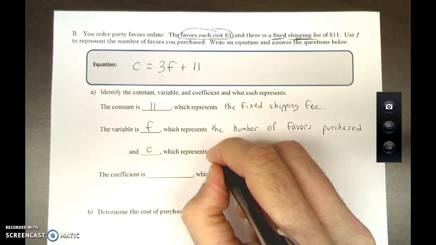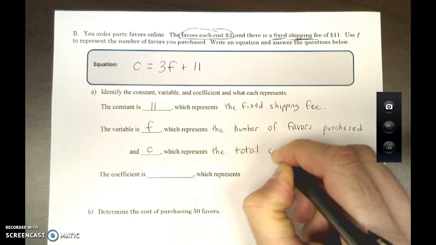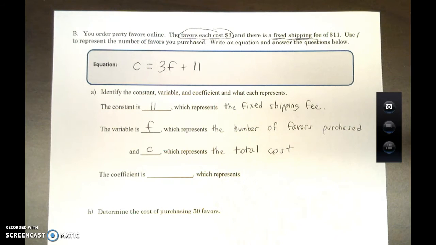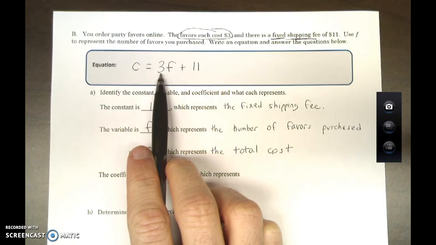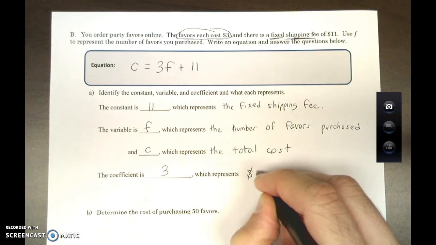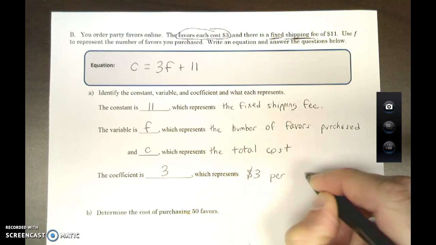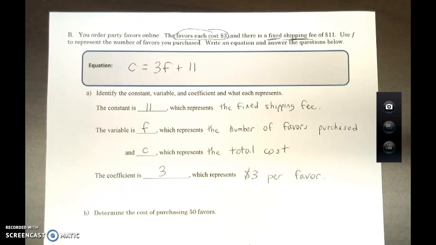And C represents the cost, the total cost. The coefficient in this problem is the 3, and that was the $3 per favor. So each favor costs $3. So using our equation now, we can plug in these values and solve some information from the equation.